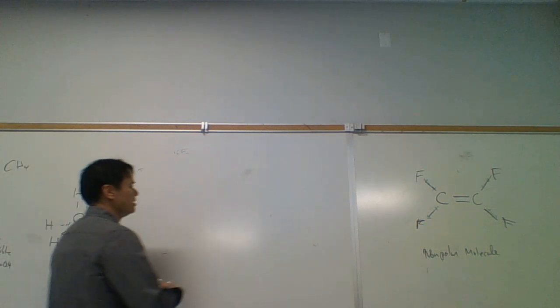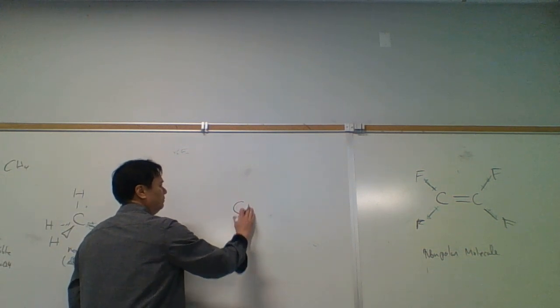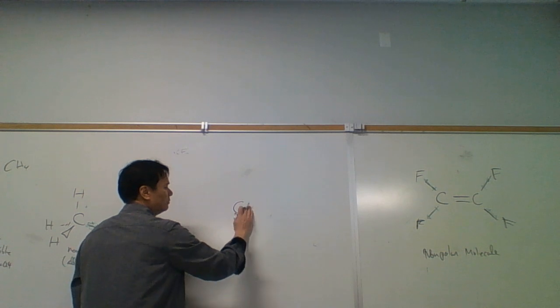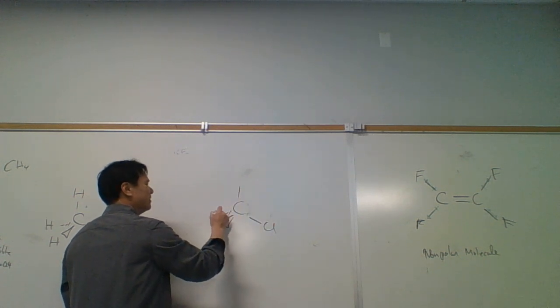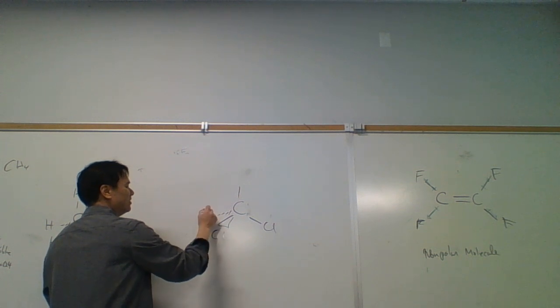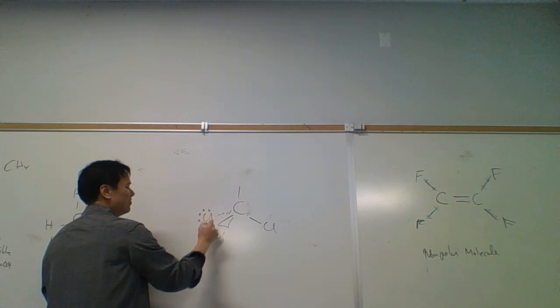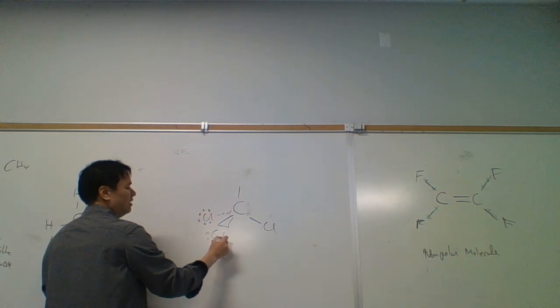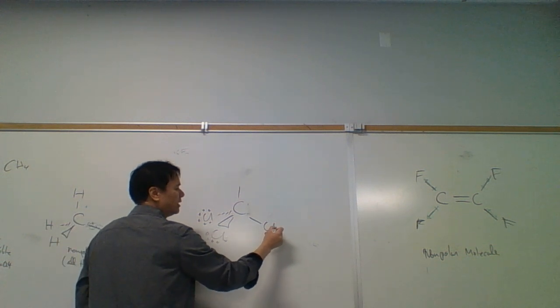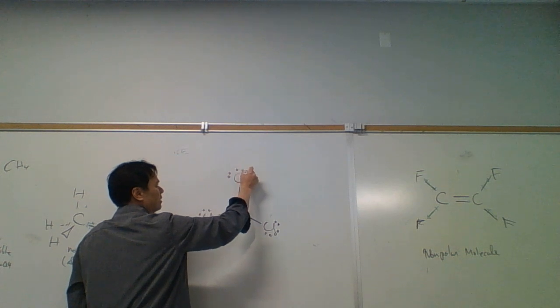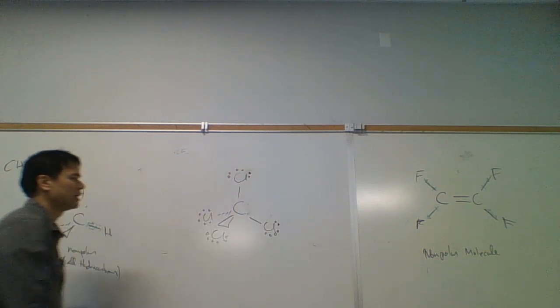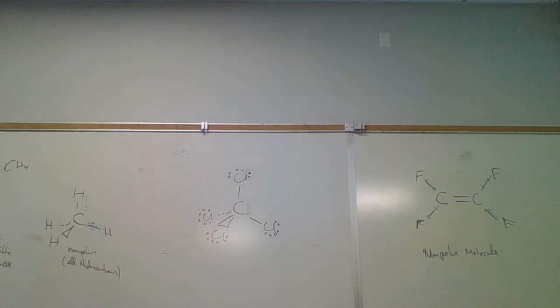CCl4 is different though. CCl4, let's draw that. We'll draw carbon in the center, and then 4 single bonds attached to chlorine. Now the lone pairs on the chlorines I'm going to ignore, I'm going to just draw them all the same. So this is CCl4.